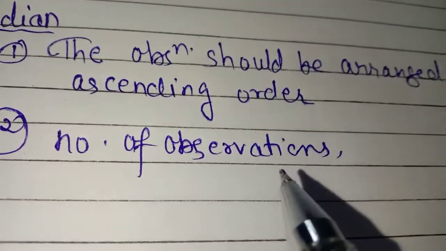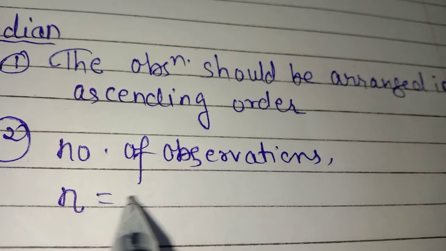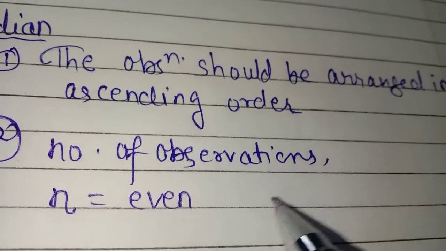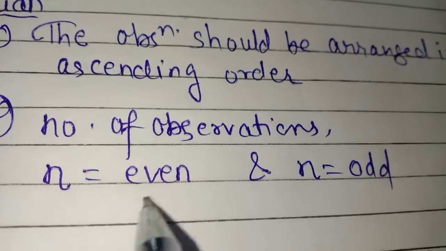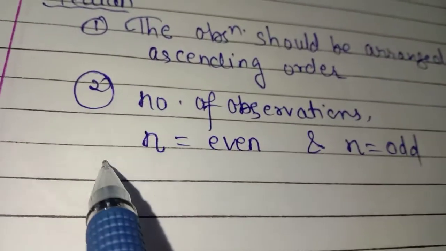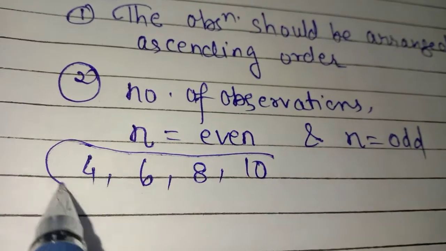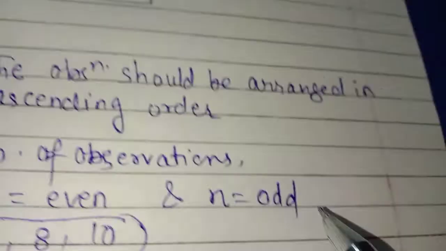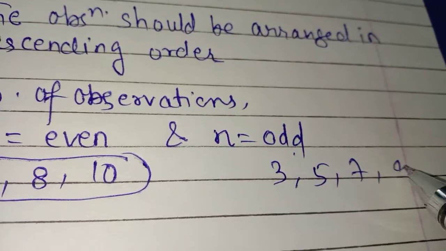Now we have two possibilities for the number of observations: the first, when the number of observations is even, and the second, when it is odd. Even and odd, that you know. If the number of observations is 4, 6, 8, 10, it is considered even, and for odd it is like 3, 5, 7, 9.